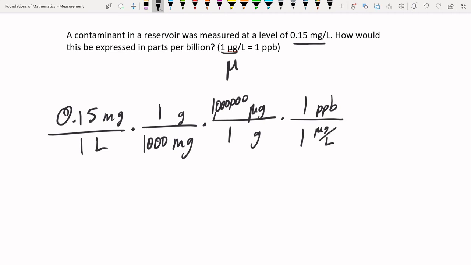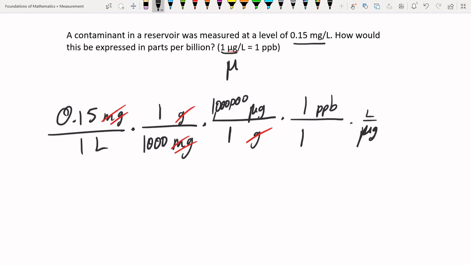What I have here is the milligrams cancel, the grams cancel, and now this microgram per liter, this thing right here, what this ends up doing is it's a division by a fraction, which means we actually instead multiply by the reciprocal.